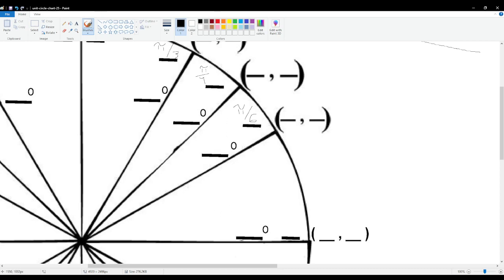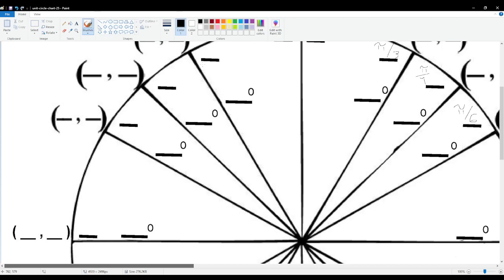And then for the second quadrant, it goes 1, 1, 1, 2, 3, 5. So 2 pi over 3, 3 pi over 4, and then 5 pi over 6.